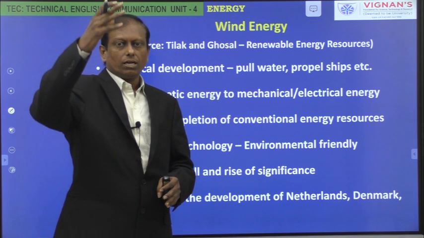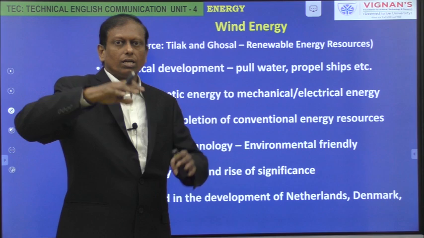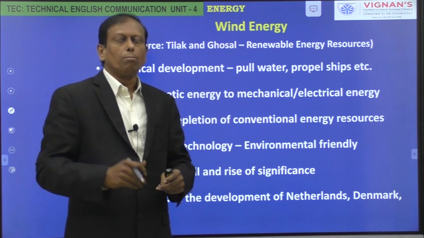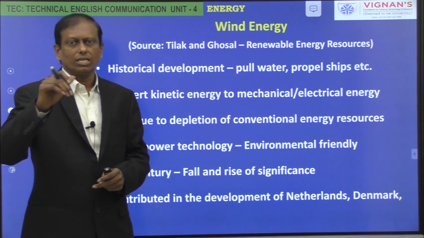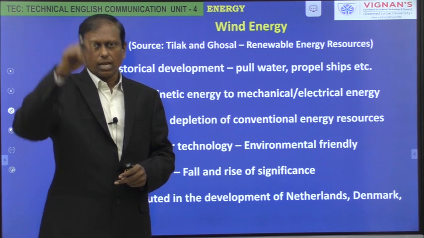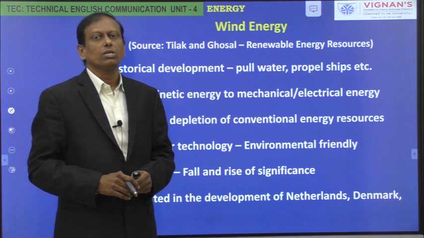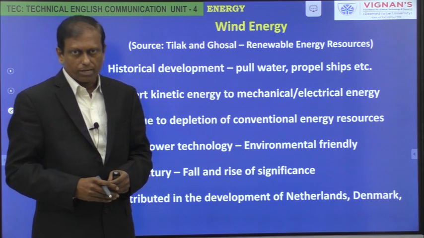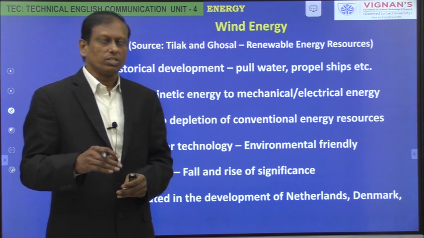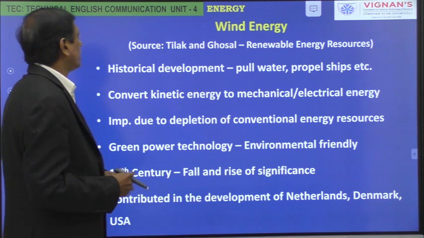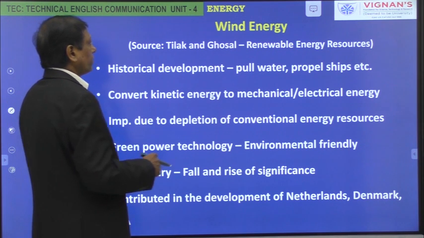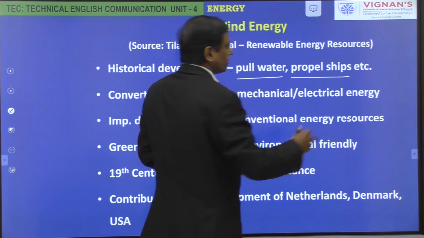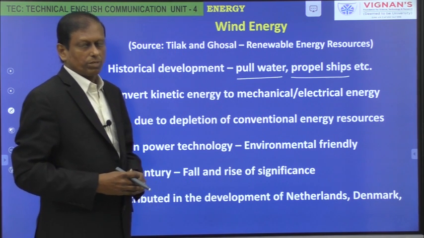The big ships have a structure, bamboo or wooden structures with a mast, M-A-S-T, mast. Such a mast has been used for navigation, for transportation. Very big ships have also moved by wind power. So historically, wind energy has been used for pulling water and for propelling ships.